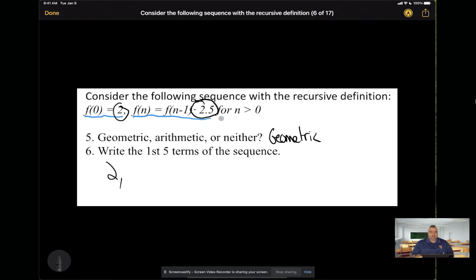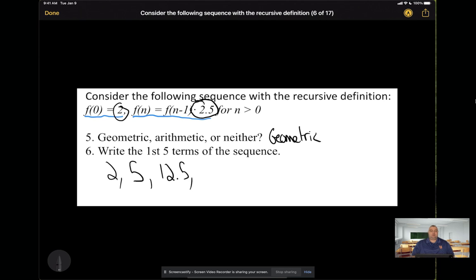To get the second term, I'm going to go to my calculator and take the first term, which was 2, and multiply that by 2.5, and I get a second term of 5. To get my third term, I'm going to take the second term, which was 5, and multiply that by 2.5. And I end up getting 12.5.